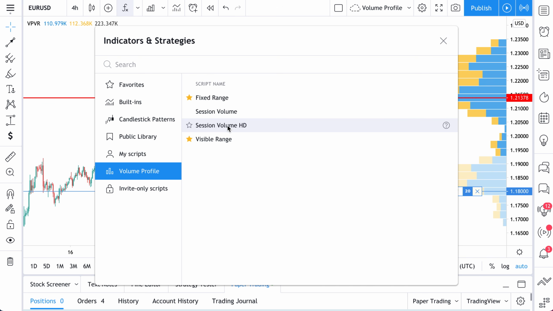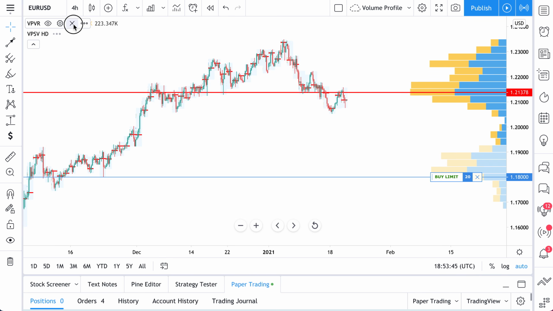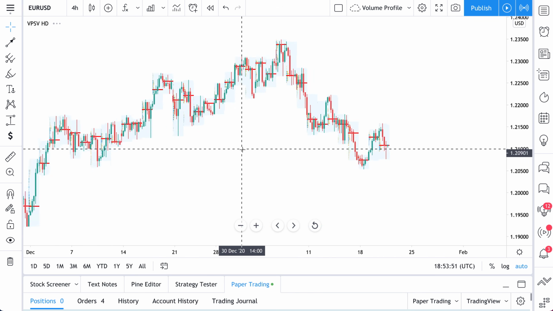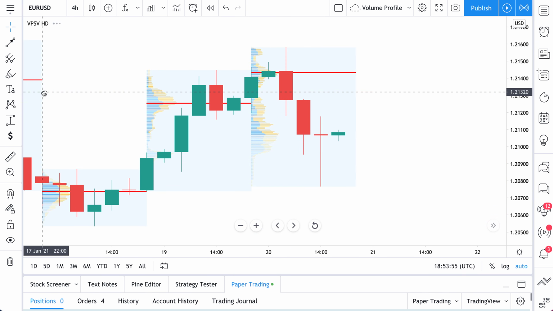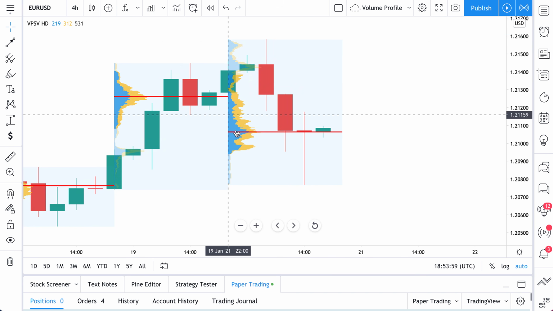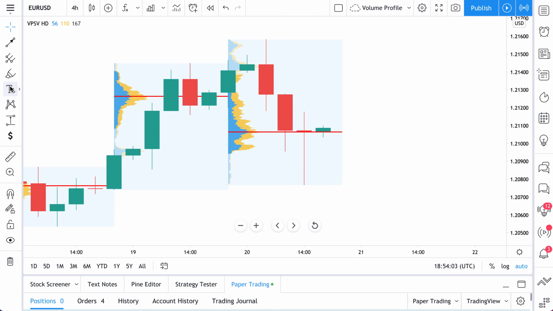Now we'll show you one more example in this video, and this is with Session Volume HD. Session Volume and Session Volume HD show you how much volume was traded throughout a specific session, right? So see how this blue area shows you the volume profile? This is a single trading session. We'll actually write this note.